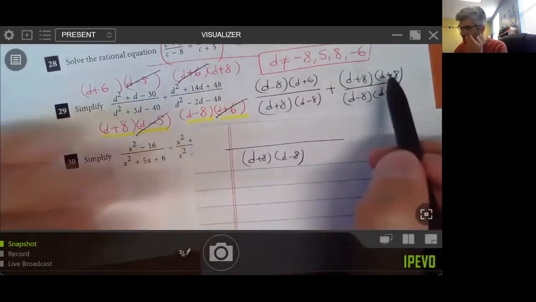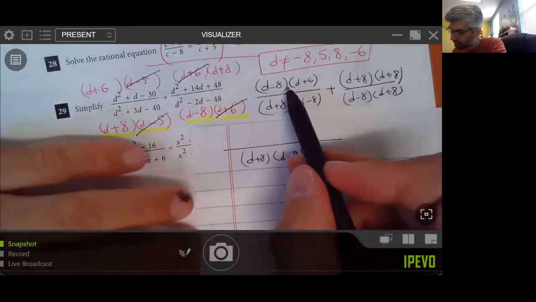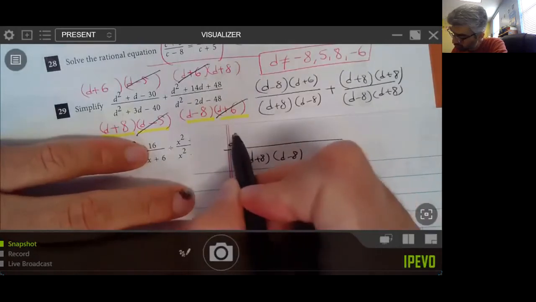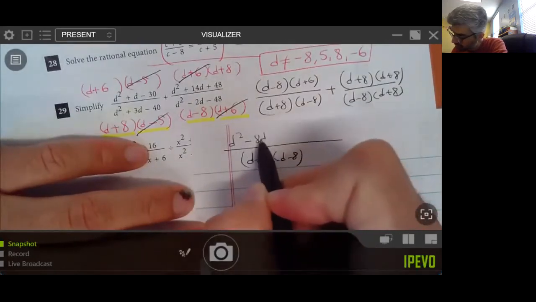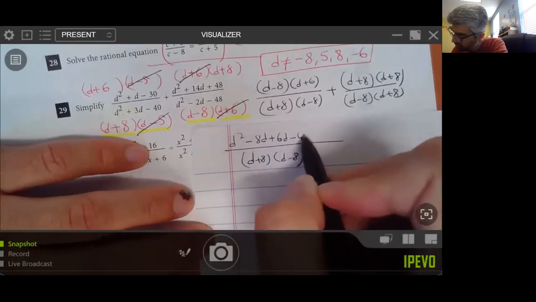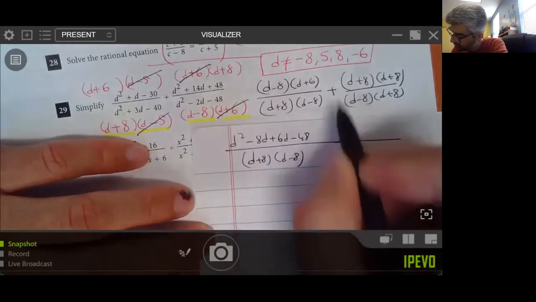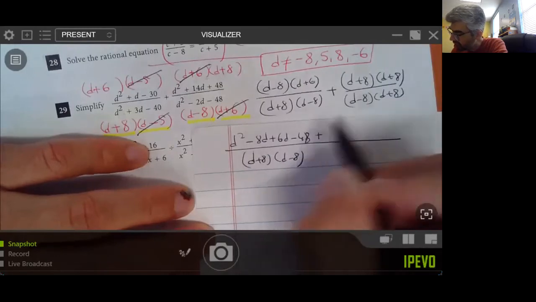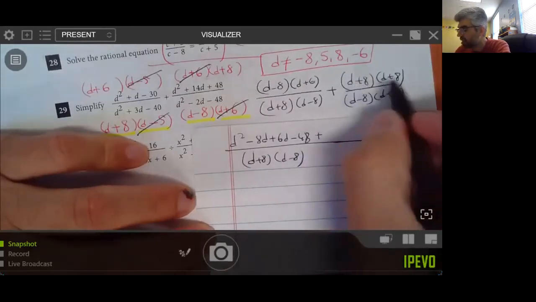Okay, it's addition, so I have to multiply them, the FOIL method. D squared minus 8D plus 6D minus 48 plus D squared. Hey, it is D plus 8 squared.